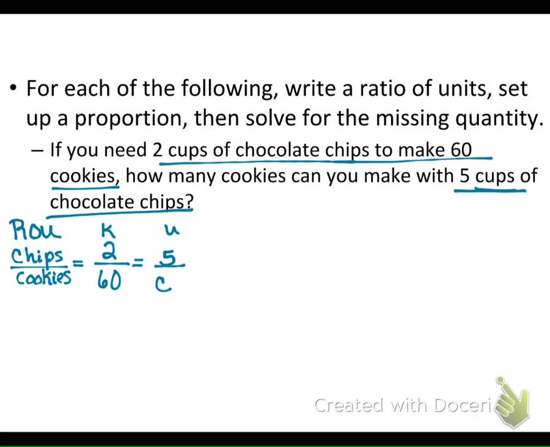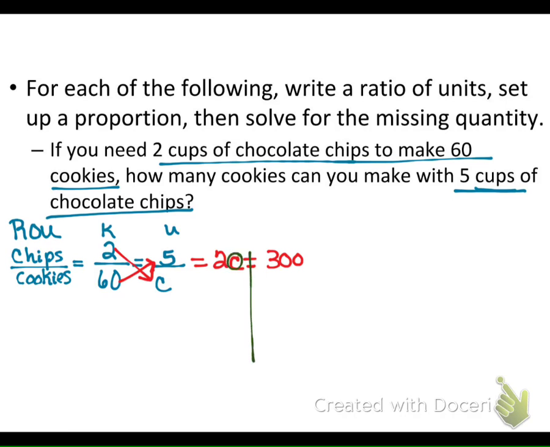All right. So to solve a proportion, the first thing I'm going to do is cross multiply. 60 times 5, 300. Next step. Circle my variable, draw my line.